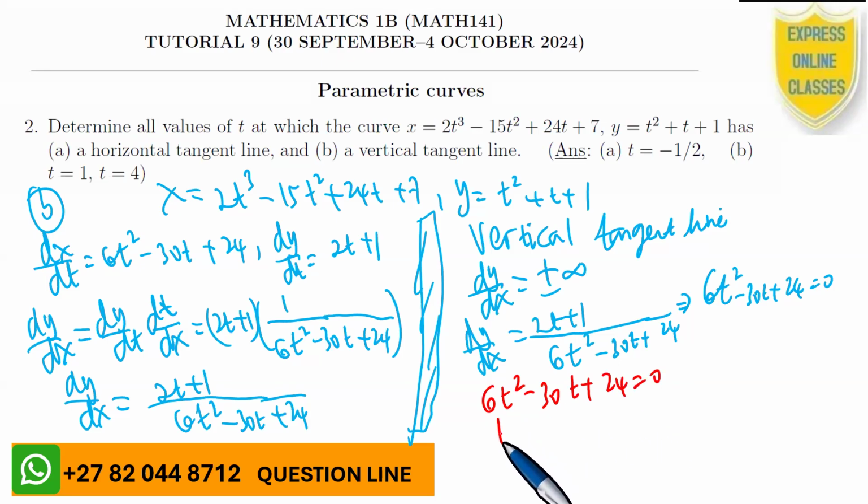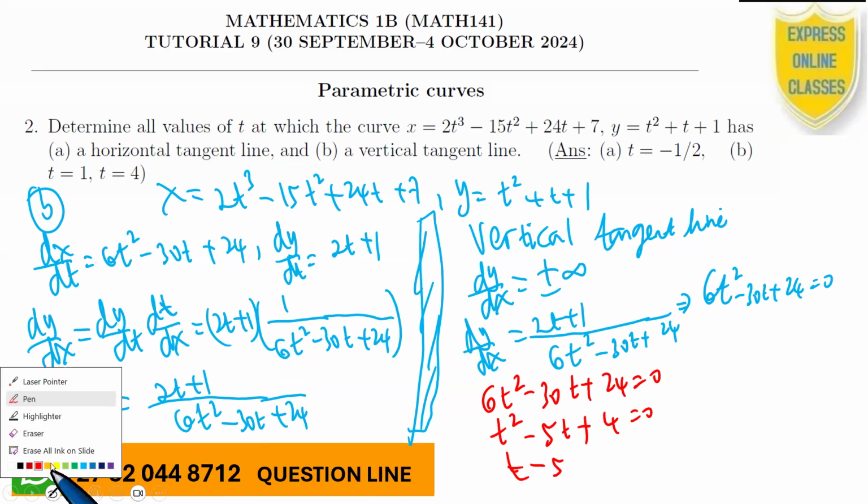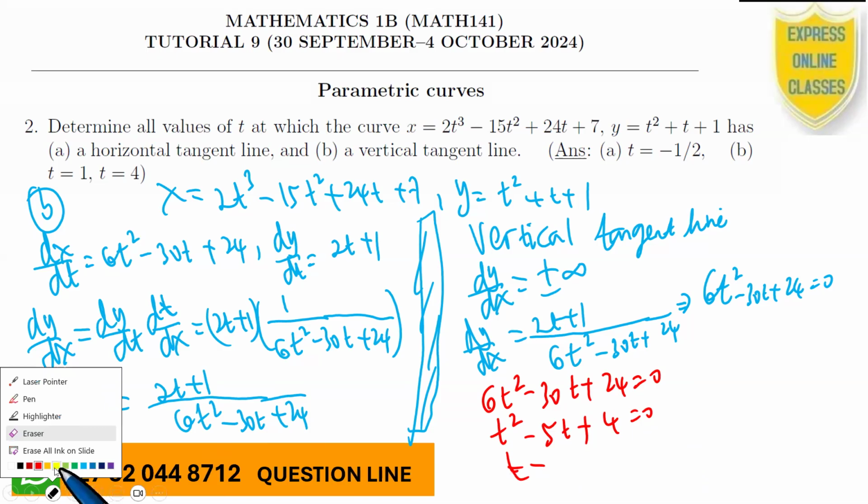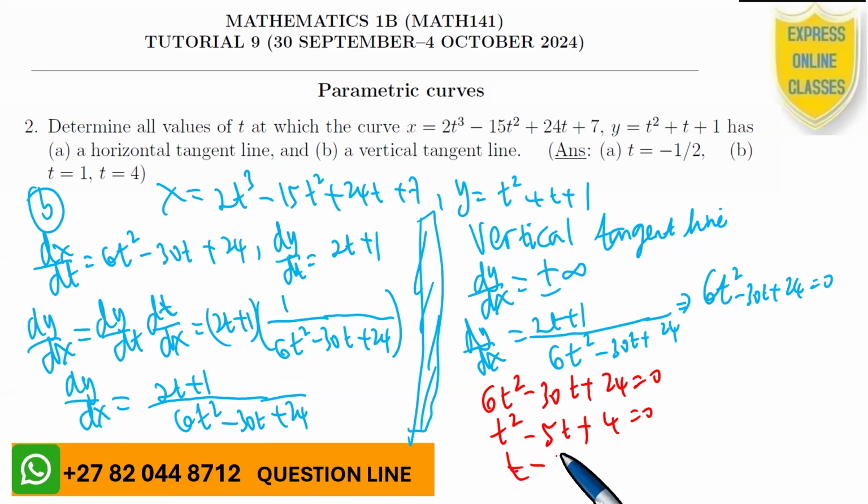Divide by 6, getting t squared minus 5t plus 4 equals 0, which is t minus 4 times t minus 1 equals 0.